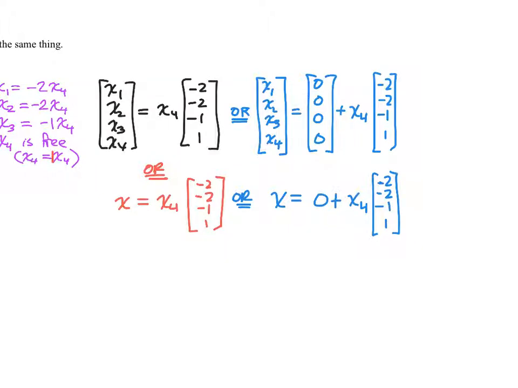Okay, so you might look at it and say, well, what on earth is the purpose of having the 0 vector included there? Really, at this point, it's more of a placeholder. It's indicating that there's not always going to be just a 0 vector. Sometimes it could be some non-zero vector, like 1, 2, 3, 8, or something like that, plus the free variable multiplied by the vector.